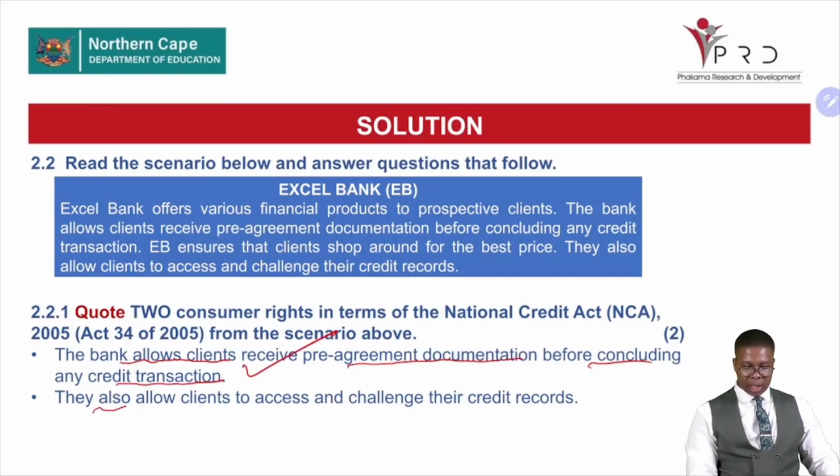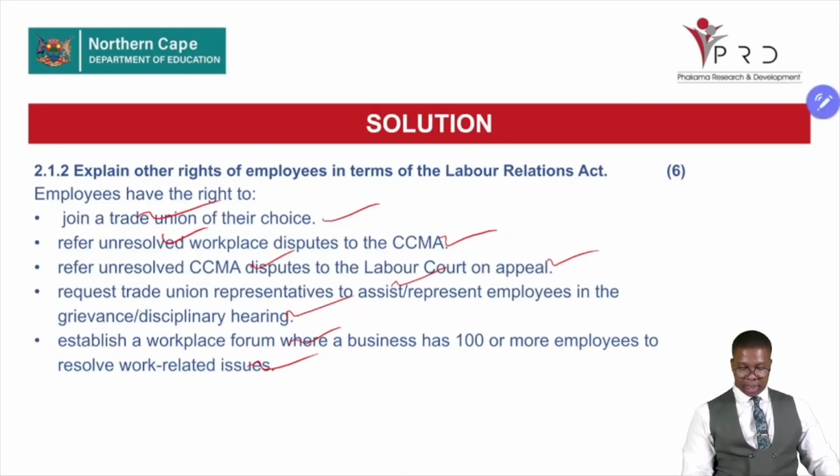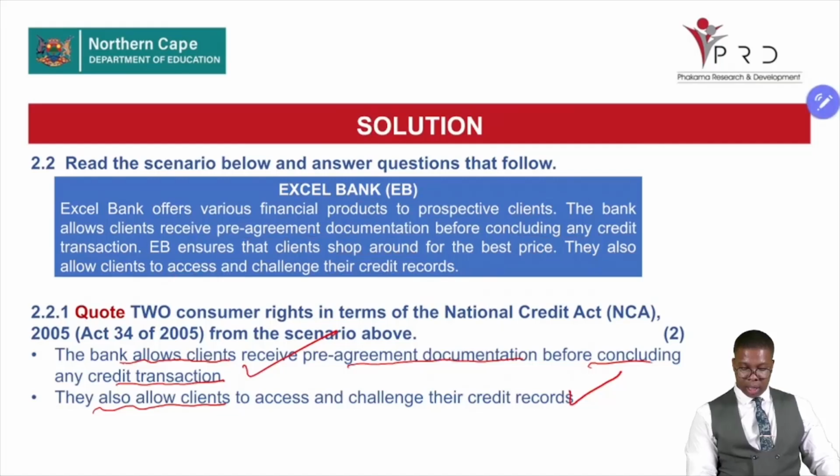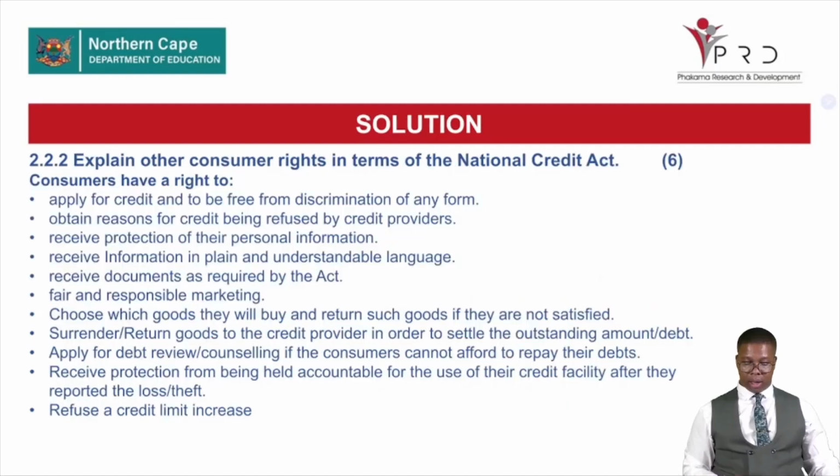That's correct. And they also allow clients to access and challenge their credit record, which is correct as well. So, but what is the distractor there? When you look into the scenario, the distractor would be Pestel Bank ensures that their clients shop around for the best price. So obviously for the best credit offer that the bank can offer.